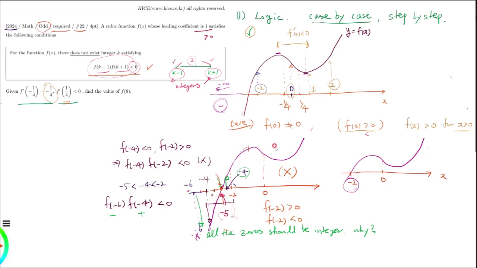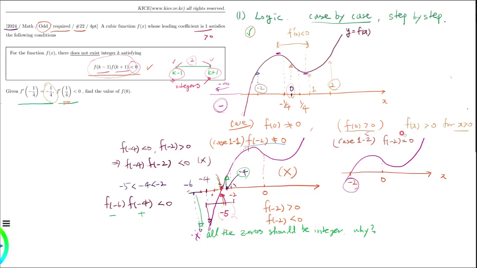Okay, so this case covers f of negative 2 is non-zero. Case 1-1 covers the case of non-zero f of negative 2, and case 1-2 covers the case of zero f of negative 2.